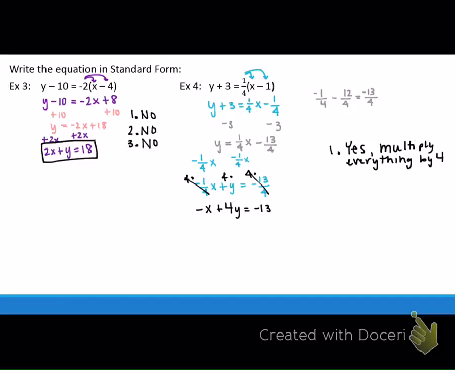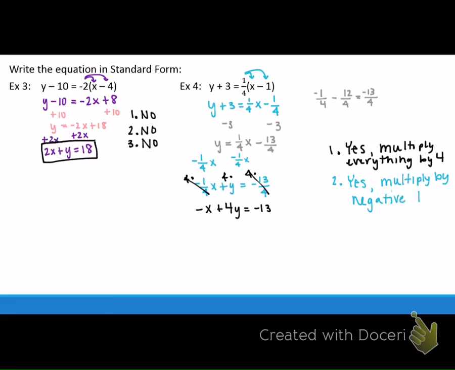Iris, do we have a negative a value? How can I get rid of the negative a value? What'd you say? Multiplying by 1 will keep everything the same. We want to what? Multiply by, what changes the signs? There you go. So multiply by negative 1. Remember, if you multiply or divide by 1, it just keeps everything the same.